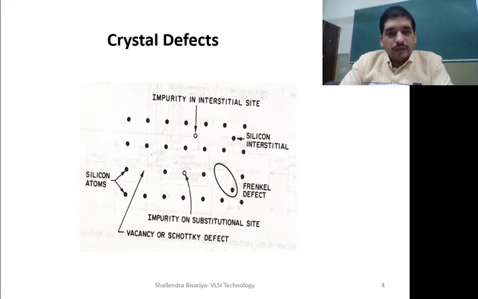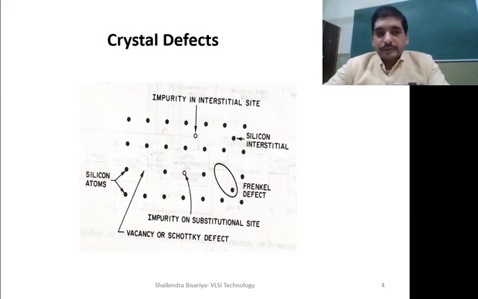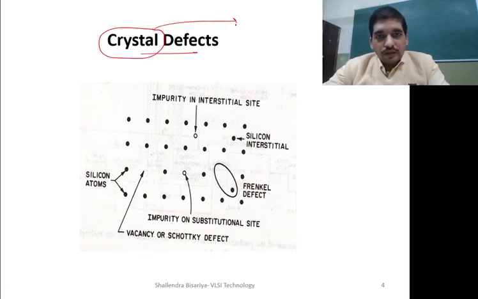The point to be discussed is crystal defect. We said that a crystal has a fixed structure, right? If a crystal follows a particular structure periodically, then it is known as single crystal silicon, because it is following a single crystal structure.